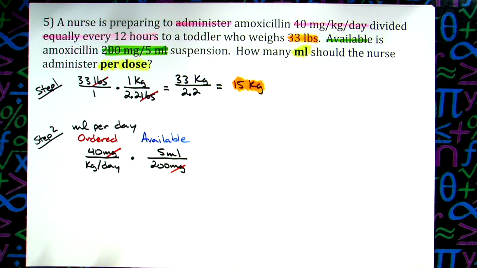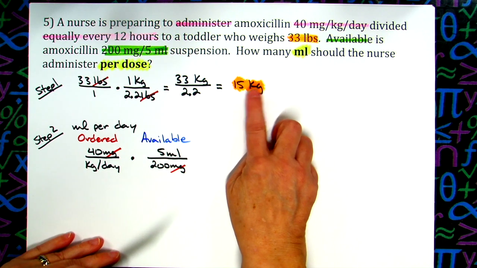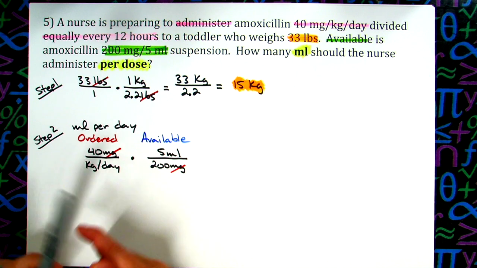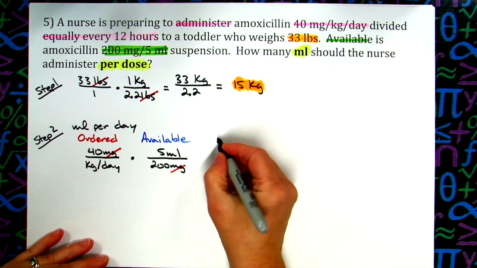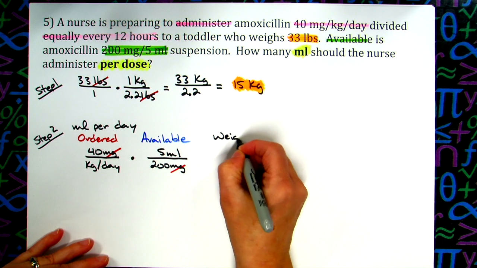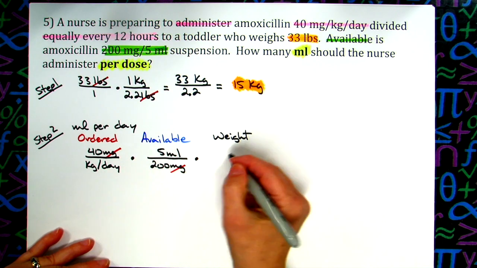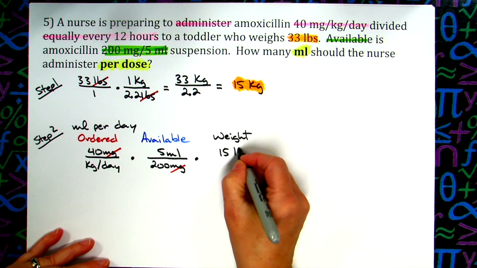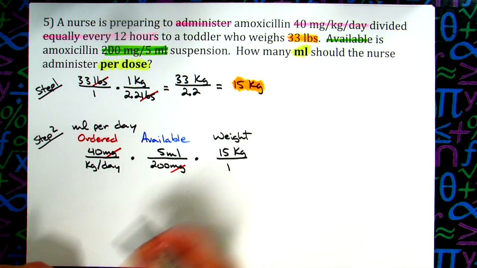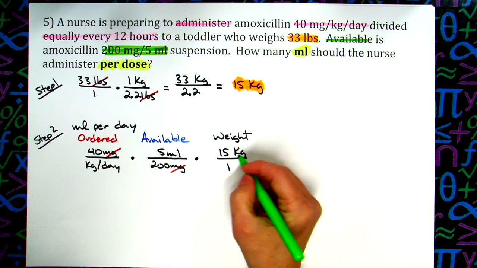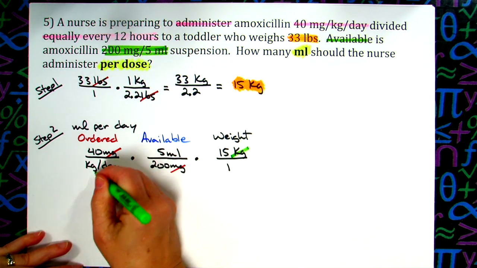I have to choose to multiply by another conversion factor, and I'm going to include the weight because I need that kilograms to cross out. So I am going to include the patient's weight now. And 15 kilograms is on the bottom here, so I'm going to do my 15 kilograms on the top and then over 1. That's then going to allow me to cross out the kilograms and the kilograms.